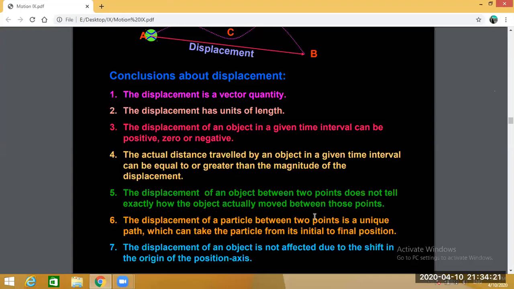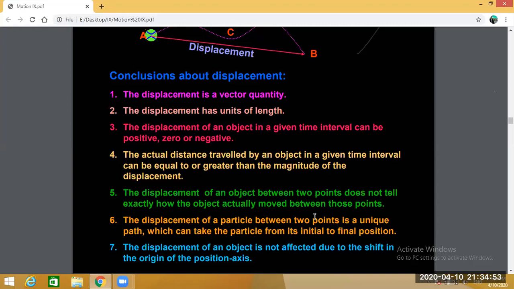Only one unique path is the shortest path between point A and B. There can never be two shortest paths between A and B. But there can be an infinite number of paths between A and B, though these paths can never be the shortest.